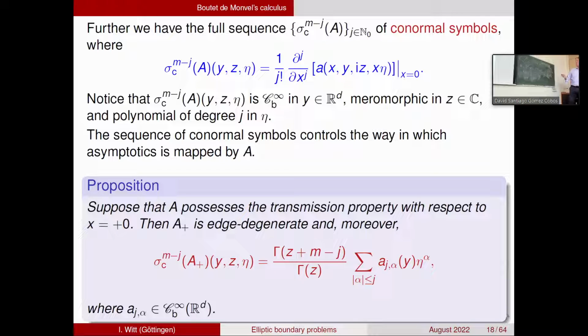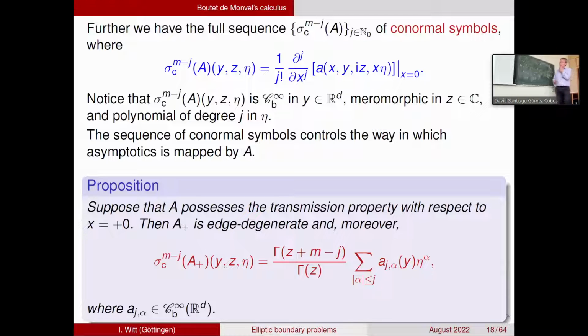It has to be a meromorphic function in z, and as you can see, it is a polynomial of degree j in eta. Whenever you differentiate with respect to x once, you get out another eta, so in total you get a polynomial.